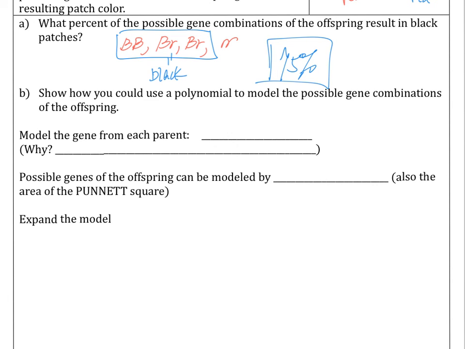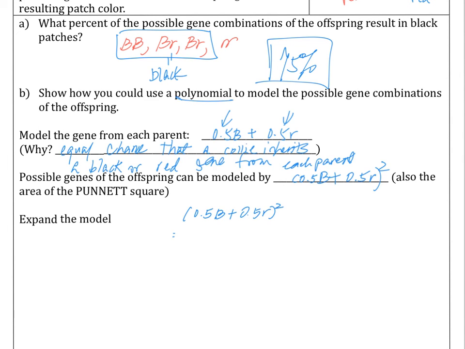So the possible genes of the offspring can be modeled by the square of 0.5B plus 0.5R, squared. So this will also be the area of the Punnett square. And now I'm going to expand this model.